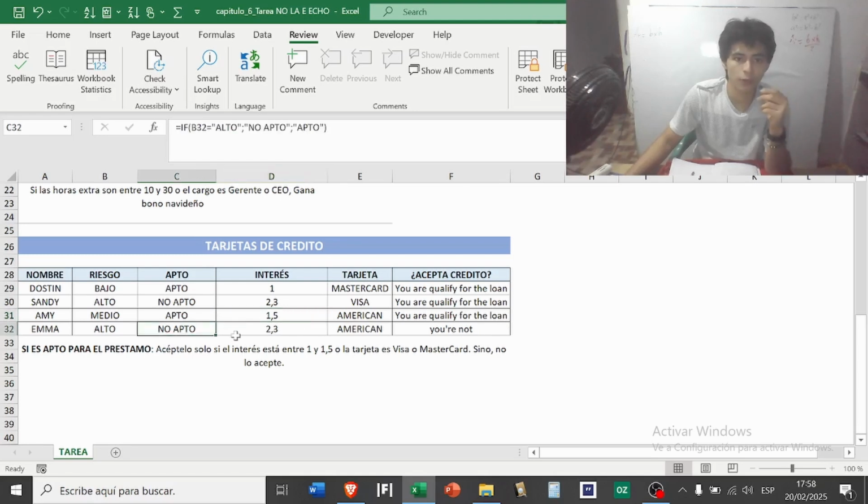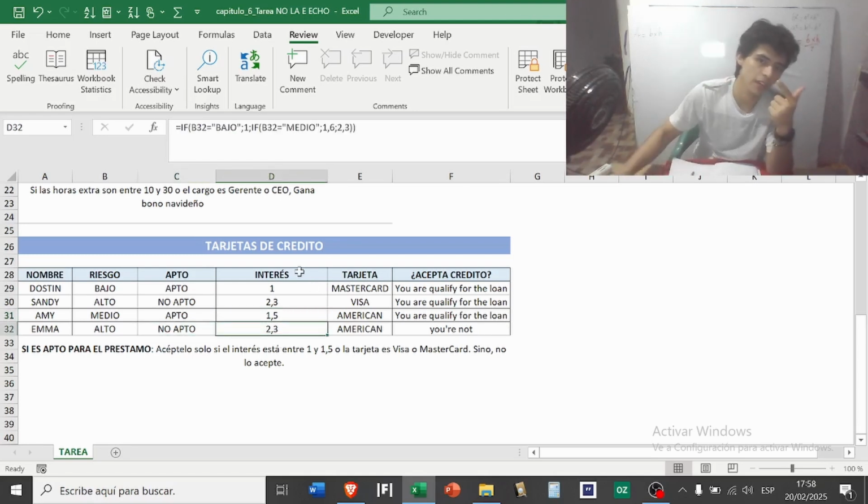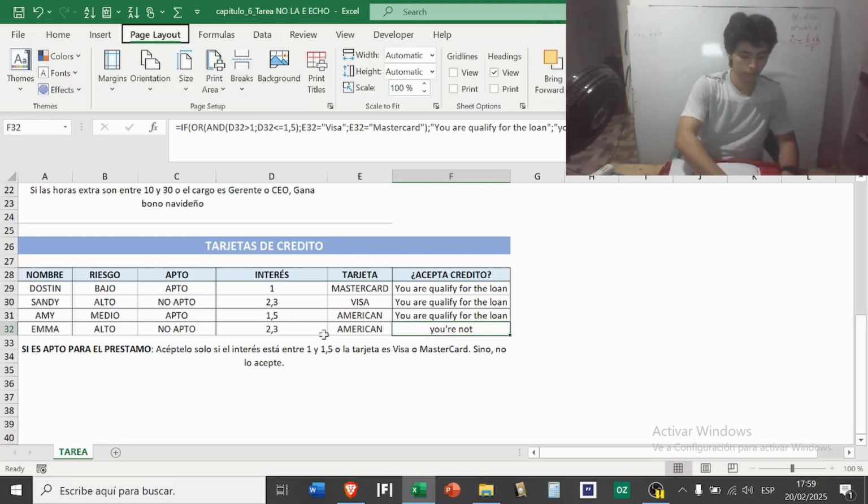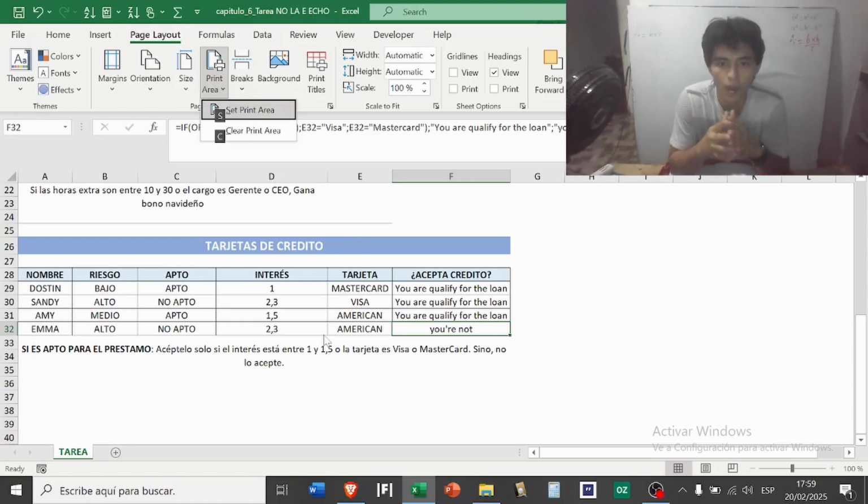And this person is not in the range of interest and doesn't have the right credit card. It's American Express, so she is not qualified for the loan.